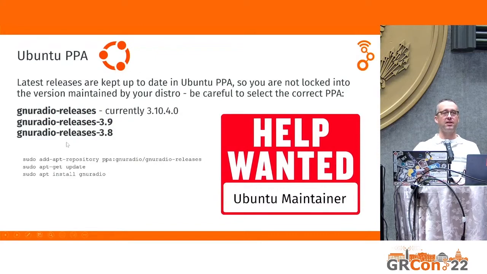If someone is really interested or involved in the Ubuntu community, not only would we like help managing the PPA, automating that, but it would also be nice to get these maintenance releases flowing through the actual Ubuntu main repos, if somebody has connections or knows how to do that. So Maitland keeps Debian very up to date, and the Ubuntu packaging just derives from Debian. There's a few extra steps with their tooling, but if someone knows that ecosystem well, this would be a great help to us as a community.